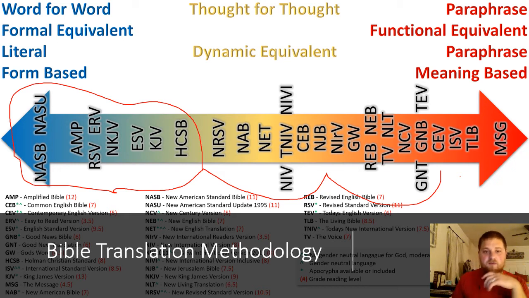Again, I would say move over towards the left side of this spectrum here, because if you're, I would say, graduate up to that. If you're a child learning to read and you're struggling, I understand the use of dynamic translations. Actually, I've seen the NRSV used. The New American Bible, I think that's actually the newer Catholic Bible after the Douay Rheims.